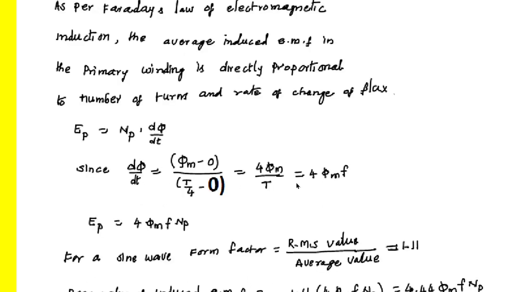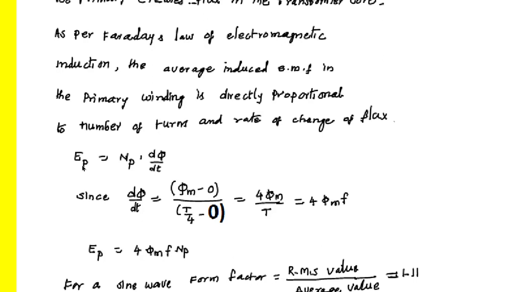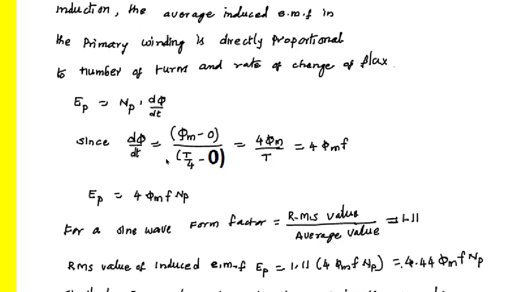And we know d phi by dt from this flux waveform. And we know the EMF equation of the primary winding as per Faraday's law of electromagnetic induction.